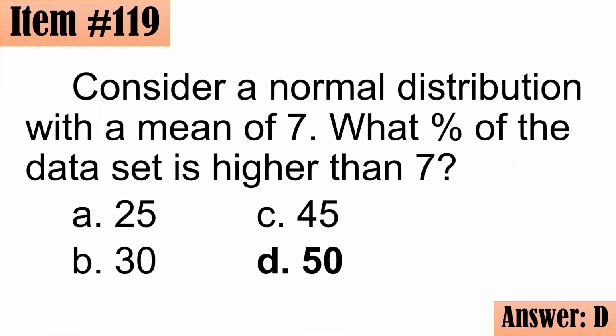Let us remember, if you have a normal distribution, the mean, the median, and the mode are all equal and are all located at the center of your distribution. Also, approximately 50% is below the mean, and approximately 50% is also above your mean. That's why letter D, 50% is higher than your mean of 7. D.